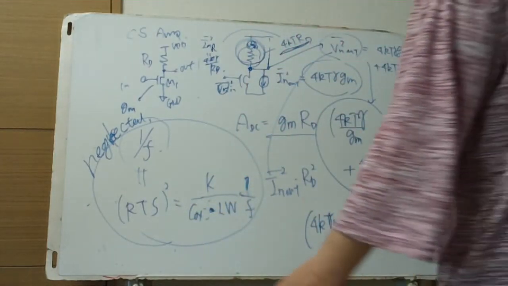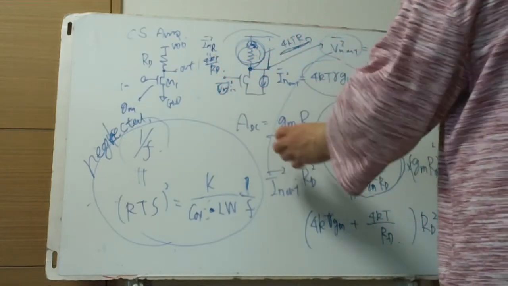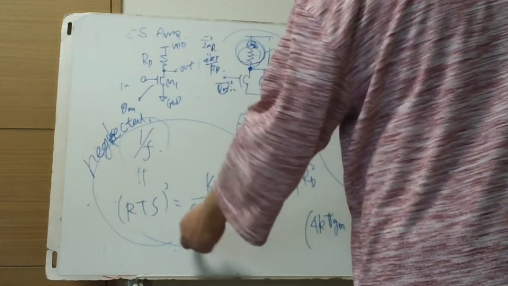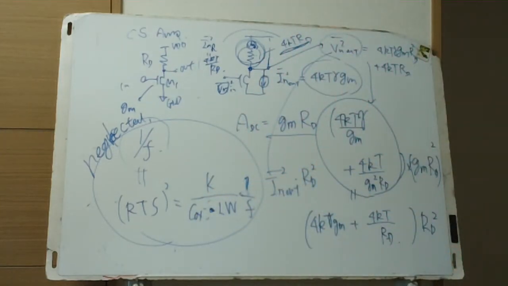If we consider this flicker noise, the input referred noise must be added by this K over Cox L W f.